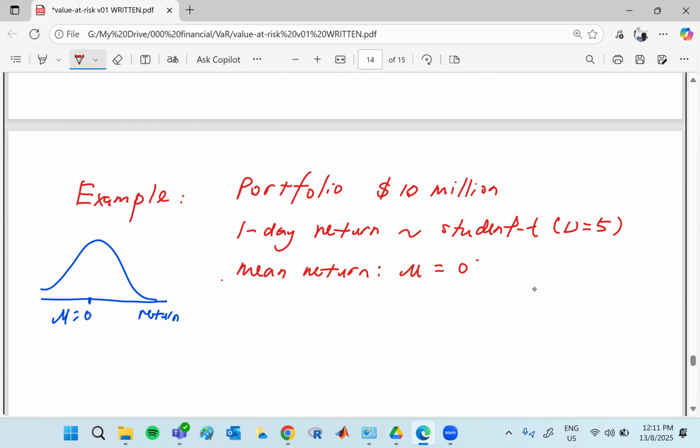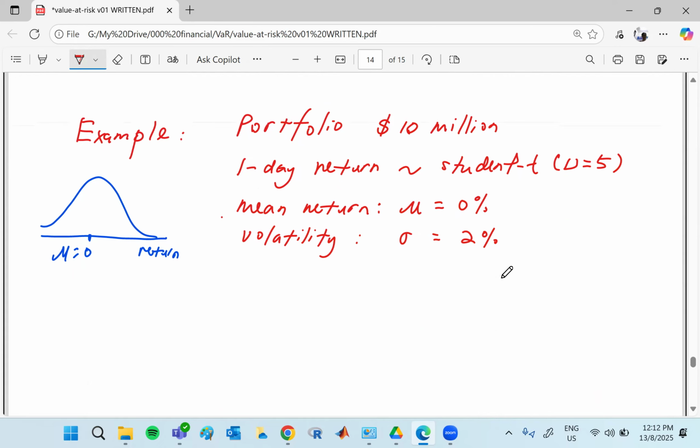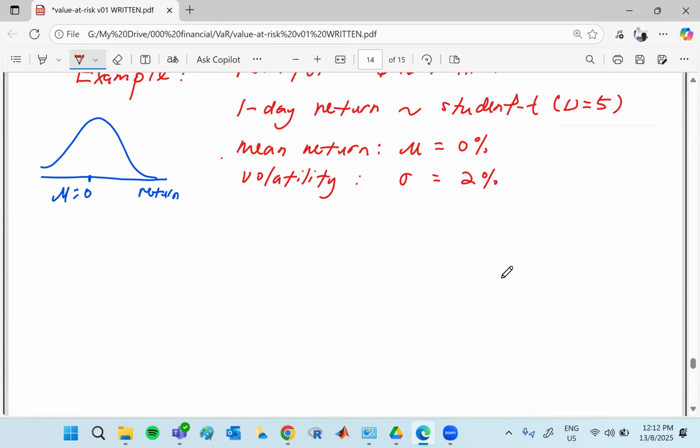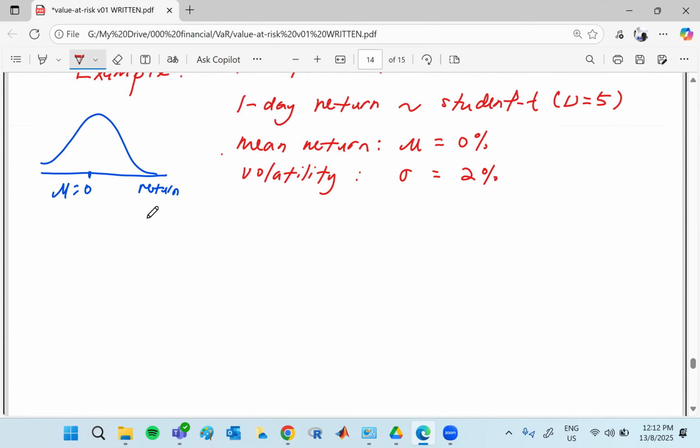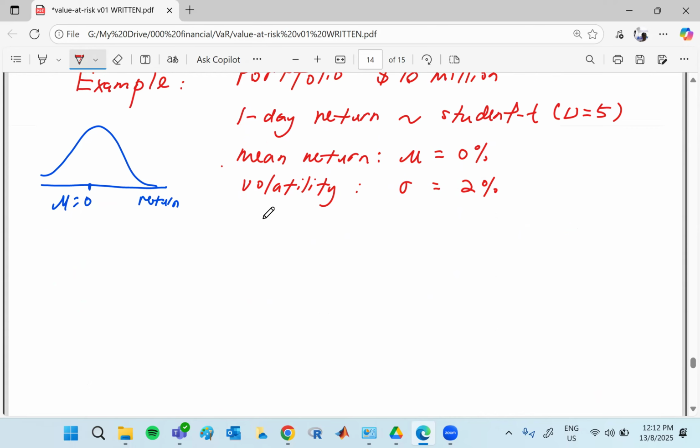So you have a 0% for the returns. For volatility, you can use the return series, then calculate the standard deviation, which represents the volatility. Let's say 2%, as the market is a bit stable this day. And then we want to study the left tail, 5%.